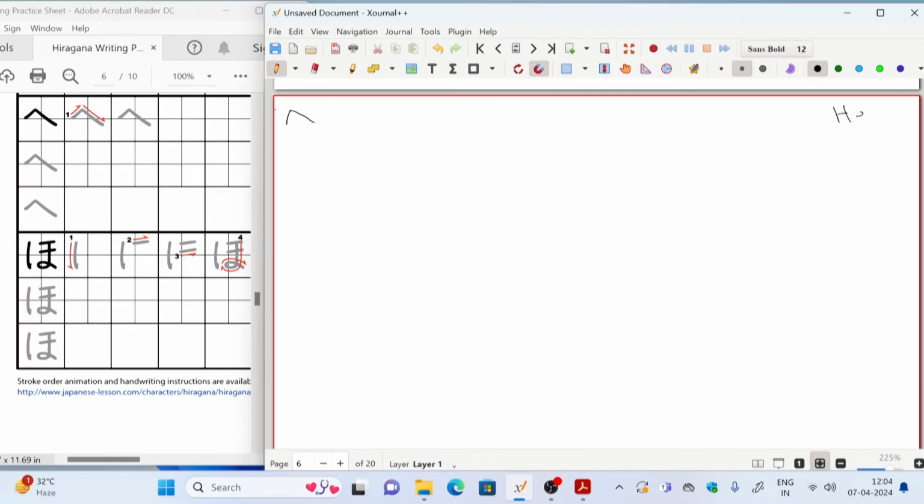This is he. And finally we write ho. First stroke, second stroke, third stroke, and then the fourth stroke, and this is ho.